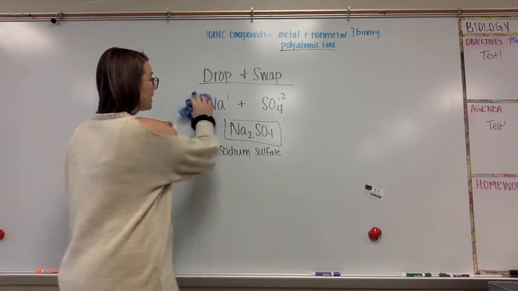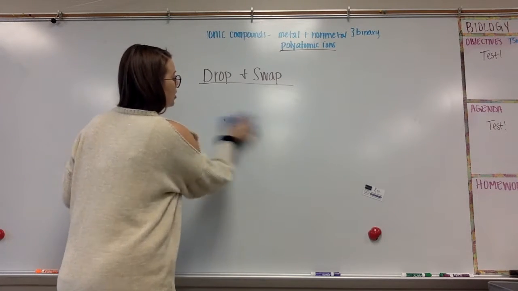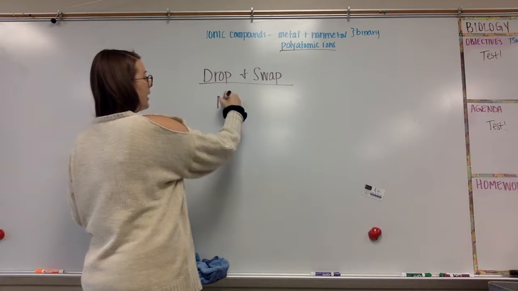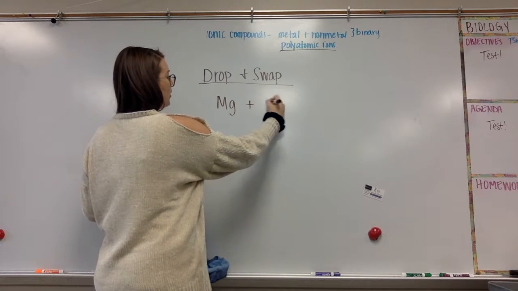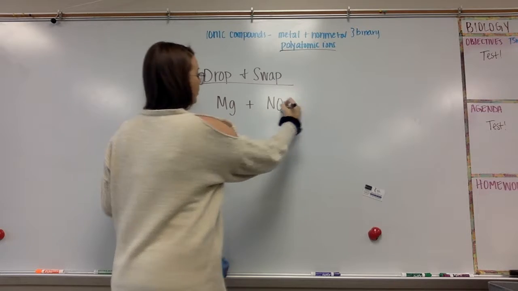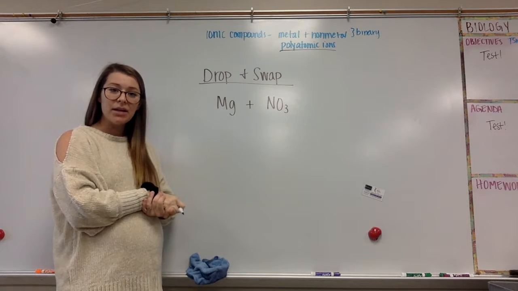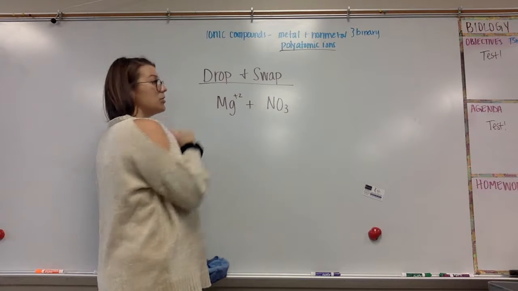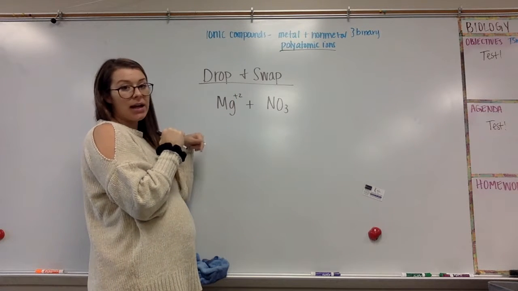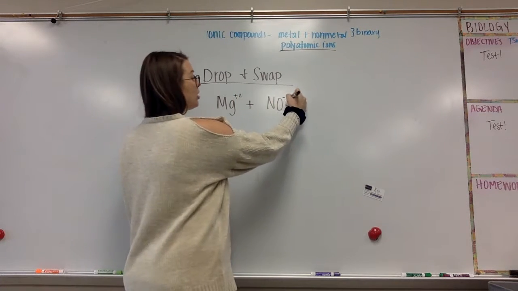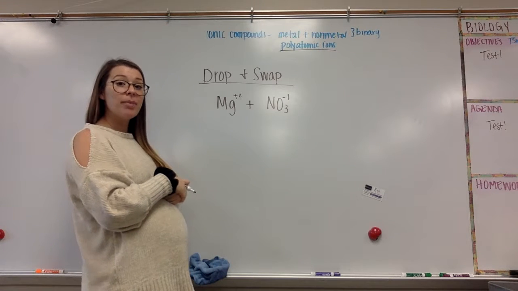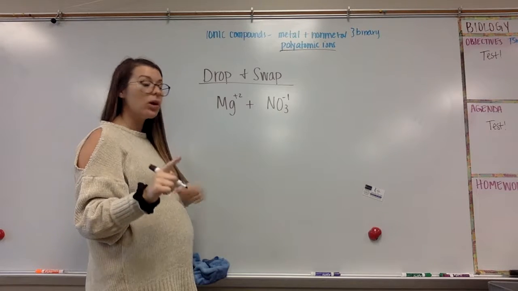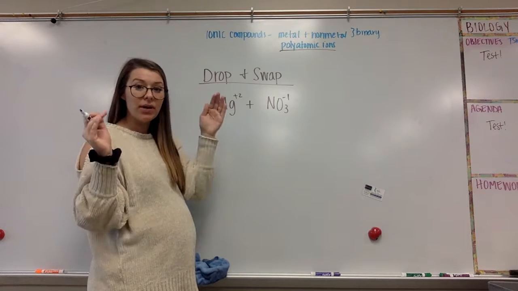All right, and then one of the last things I want to mention about polyatomic ions is, let's say I have magnesium and nitrate. Magnesium is in group 2. It has a +2 charge. Nitrate has a -1 charge. So if I were to drop and swap these, anytime I need more than one polyatomic ion, I have to put it in parentheses.